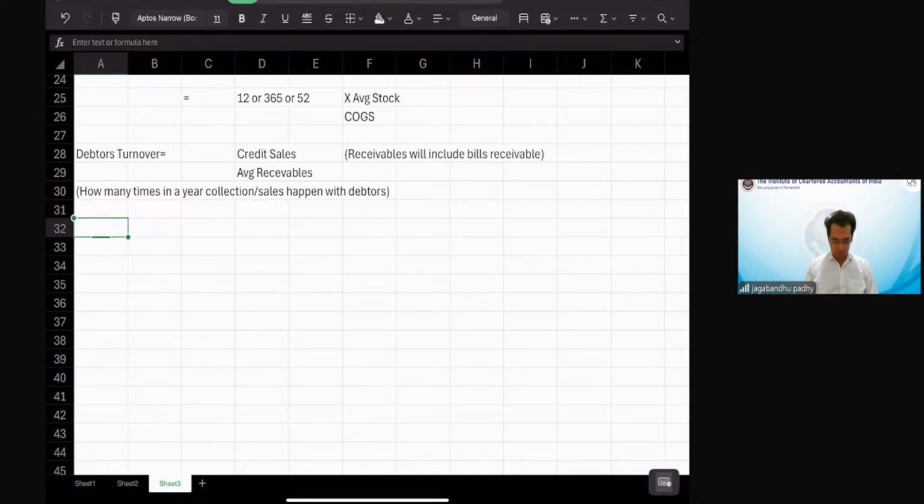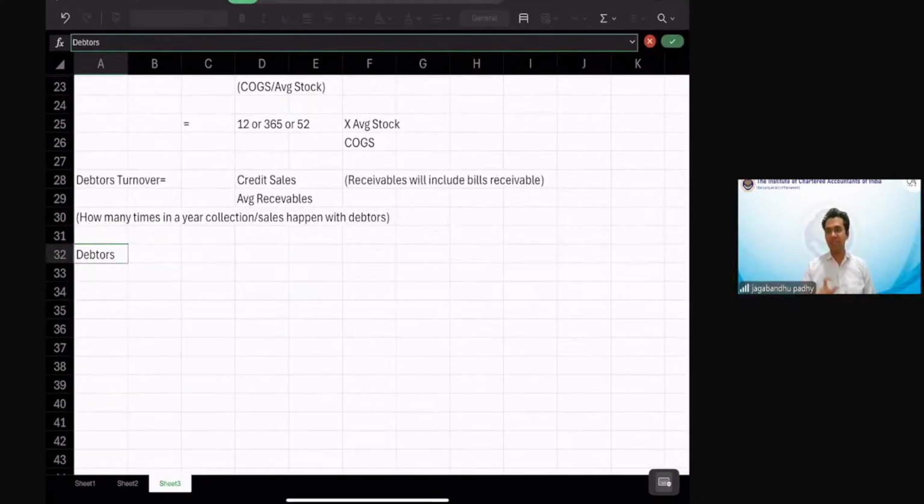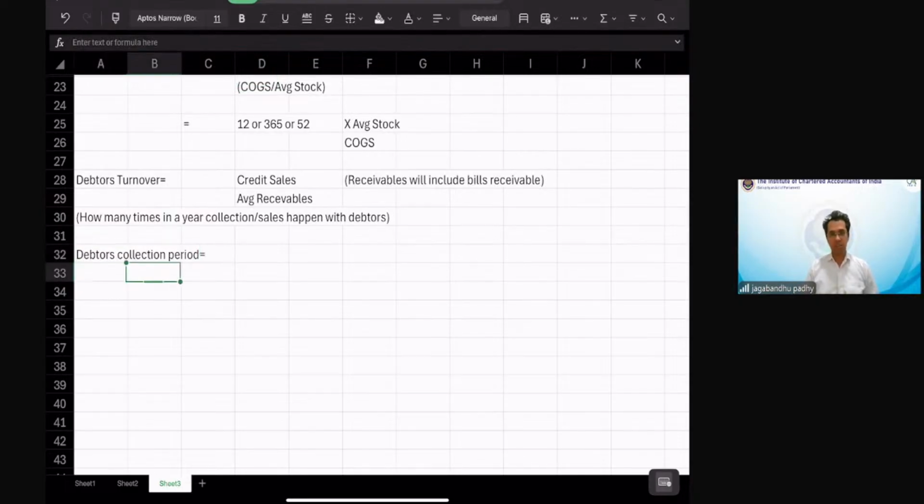Right? Now, any idea what should be the days that we want to look at? Suppose you want the debtors collection period. How do we calculate the debtors collection period?